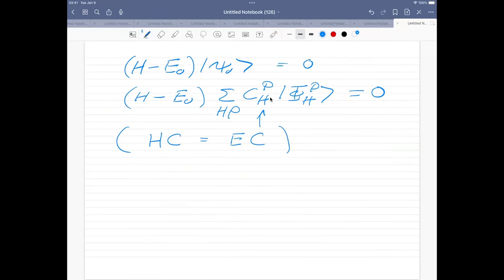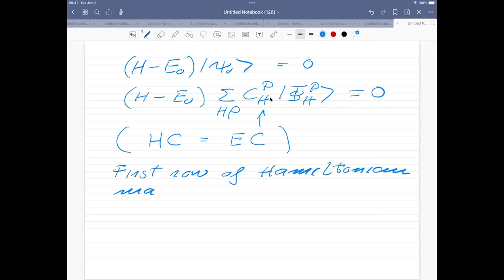So if we take the first row of the Hamiltonian matrix, that is us multiplying with phi 0 times H minus E0.